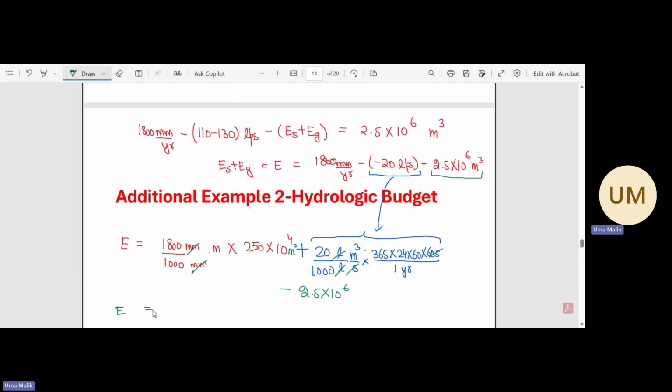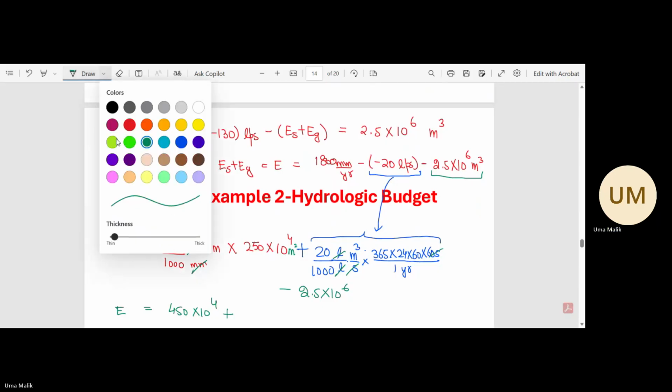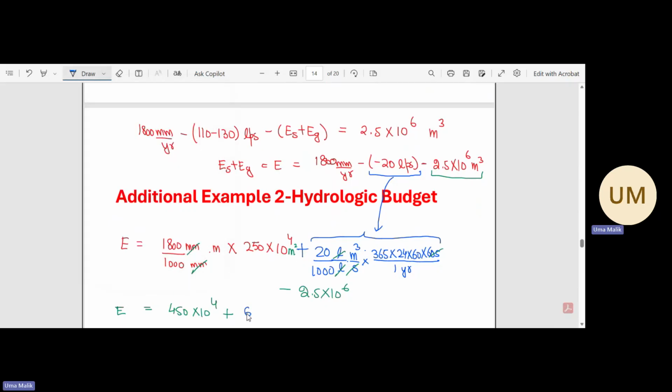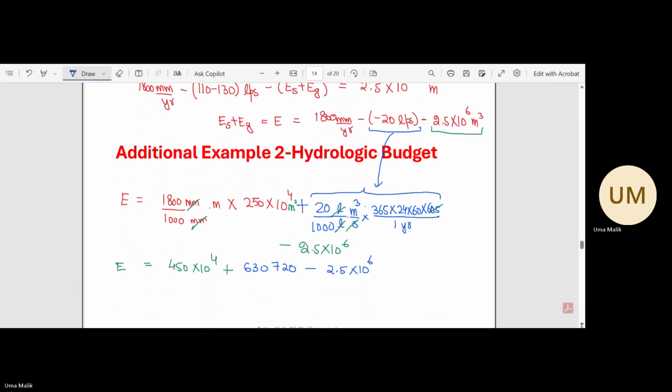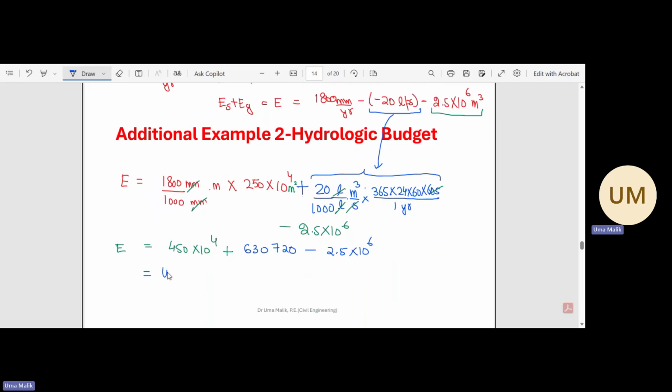So here I am writing this as 450 into 10 raised to power 4 plus 630720 minus 2.5 into 10 raised to power 6. Solving this, I got 450 into 10 raised to power 4 plus 630720 into 10 raised to power 4 minus 250 into 10 raised to power 4.